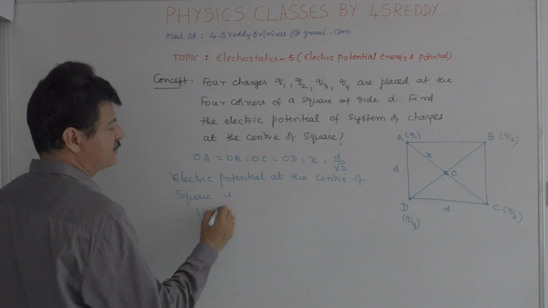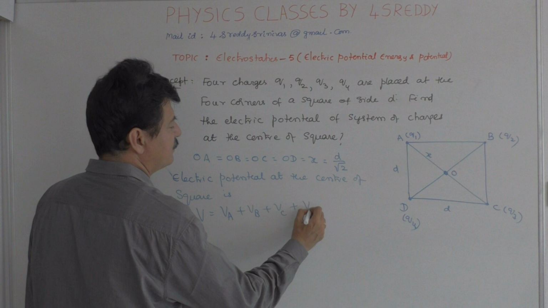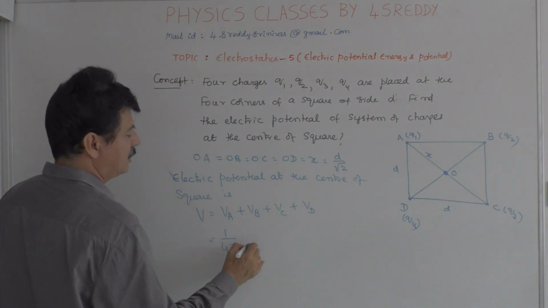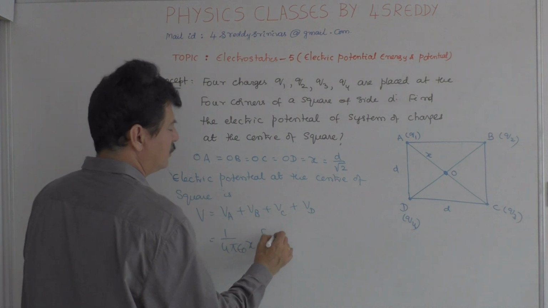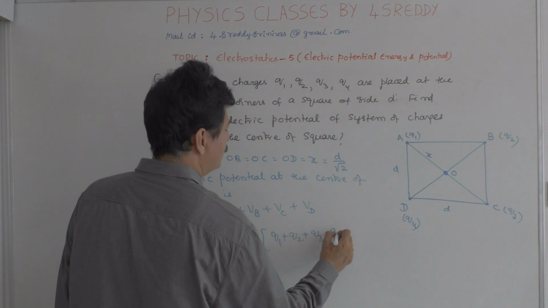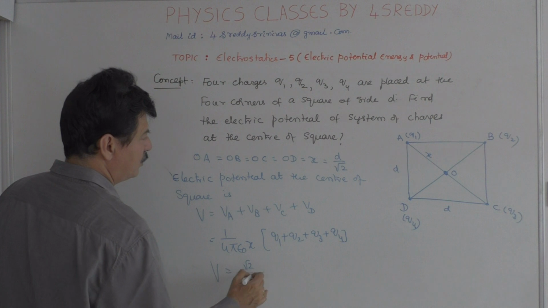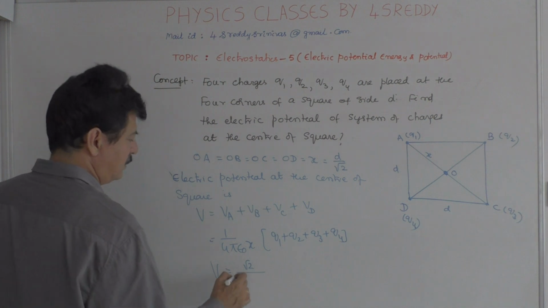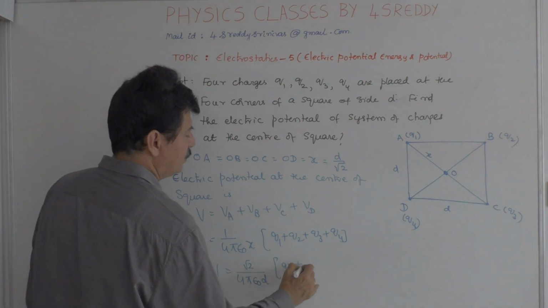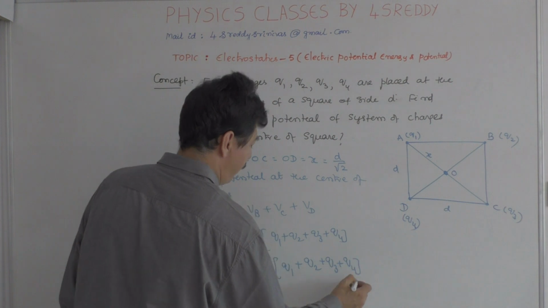is given by V is equal to VA plus VB plus VC plus VD. So it is 1 by 4 pi epsilon naught into X into Q1 plus Q2 plus Q3 plus Q4, or V is equal to root 2 by 4 pi epsilon naught D into Q1 plus Q2 plus Q3 plus Q4.